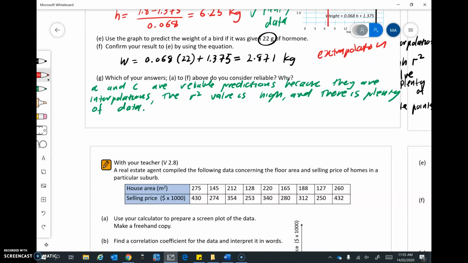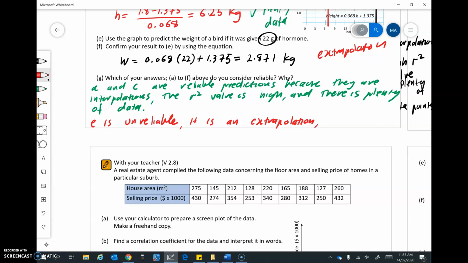Okay, now part E is unreliable. Now I'm going to make a statement about the fact that it's an extrapolation. And I'm even going to go just a little bit further.